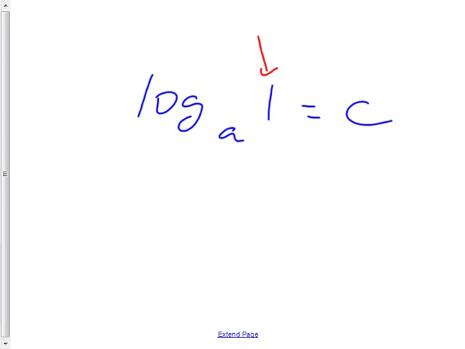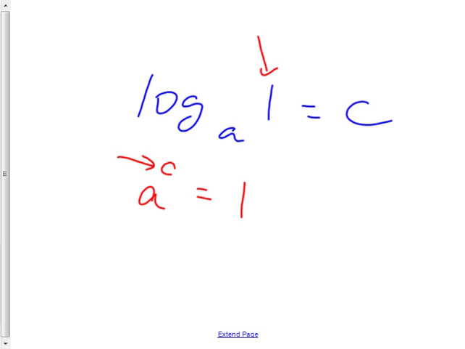Now think about it for a second. If I just ask you to rewrite that, something to the something, that needs a pencil. You'll need to do that on paper. Go ahead and rewrite that. A to the c equals 1. Now think it through. What does that have to be? 0.